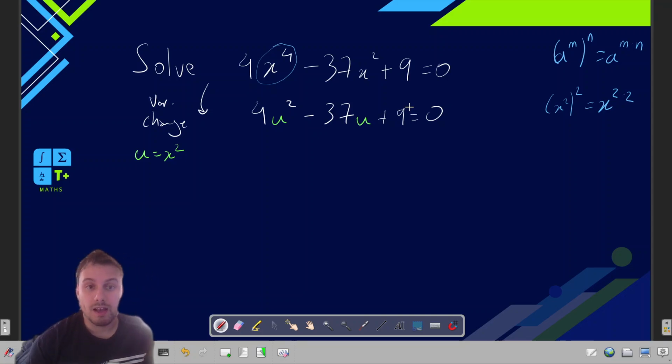So what is happening here? I have turned my equation that was raised to the power of 4 on x into something that is quadratic on u, my new variable u. And this equation that is quadratic on u, I know how to solve because I have already discussed it.